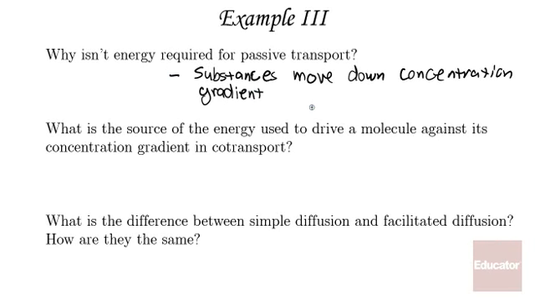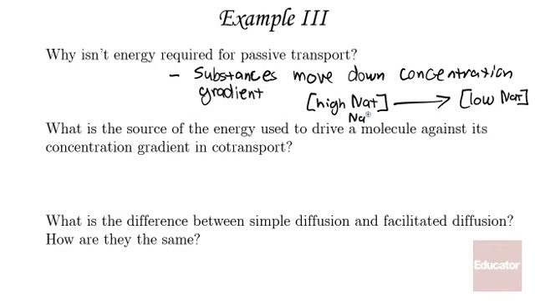So if there's, for example, a high concentration of sodium, sodium is going to want to move to an area of low concentration of sodium. Sodium will want to move in this direction. That is not going to require the input of energy because it wants to move in that direction. Whereas if the sodium were to move in the opposite direction, energy input would be required.